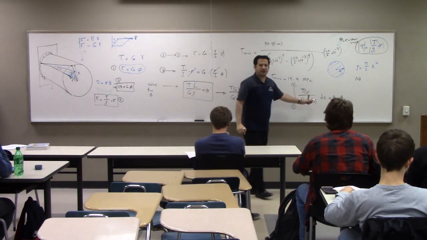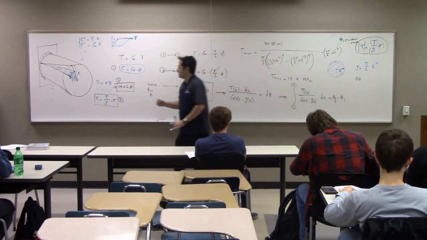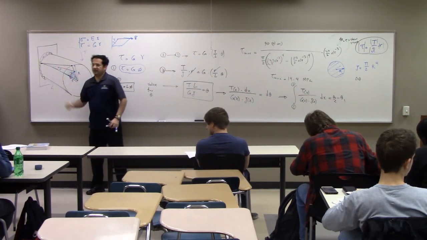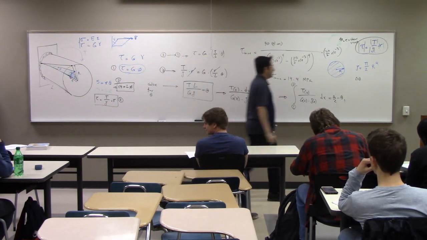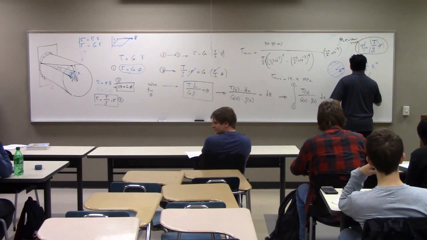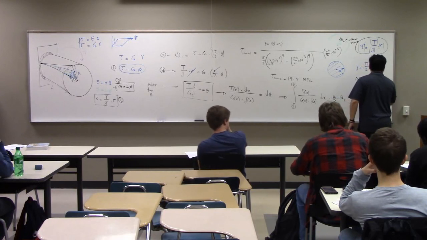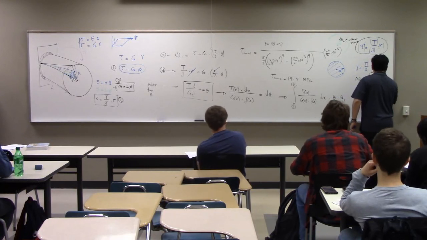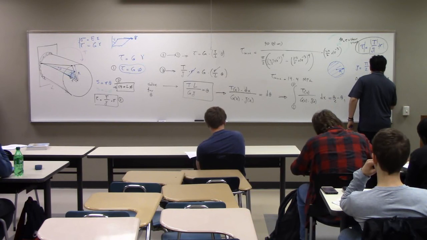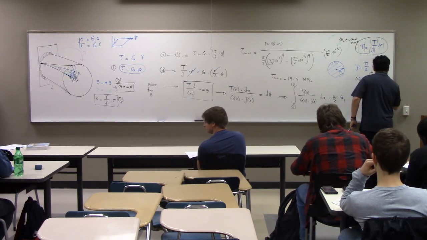This means delta theta, the relative change in the angle from base to the end, is equal to the integral from point 1 to 2 of dx over Gx Jx.